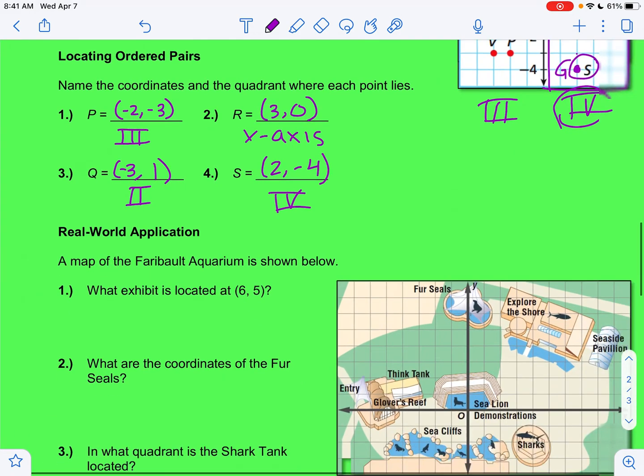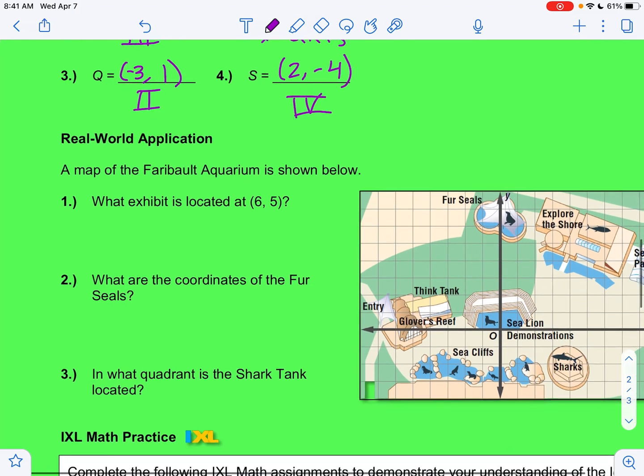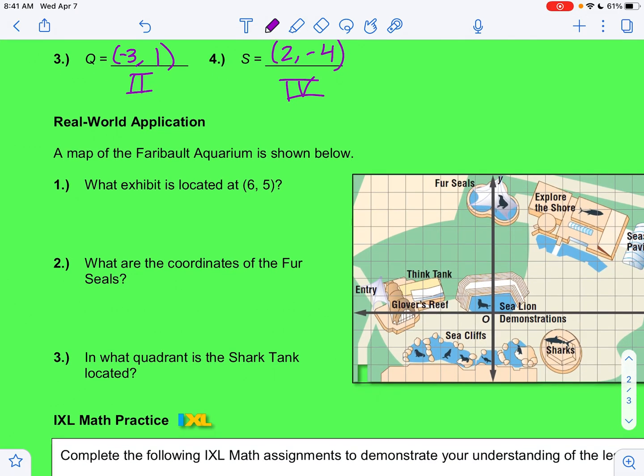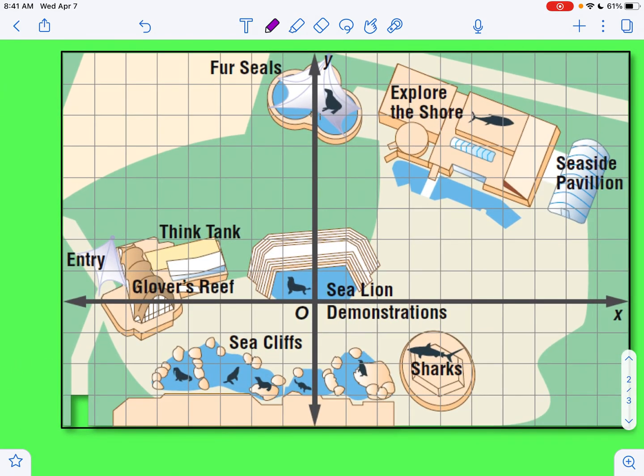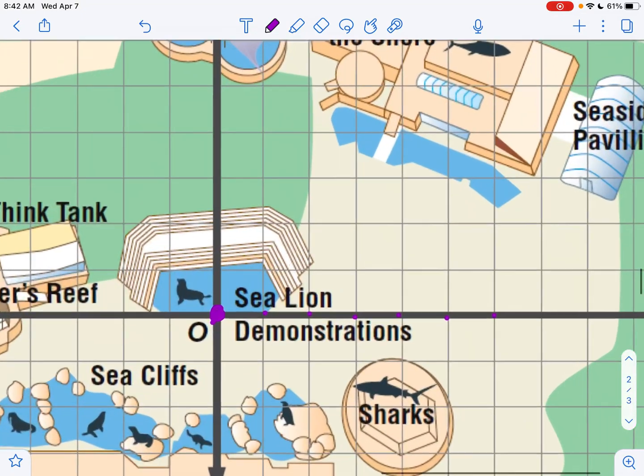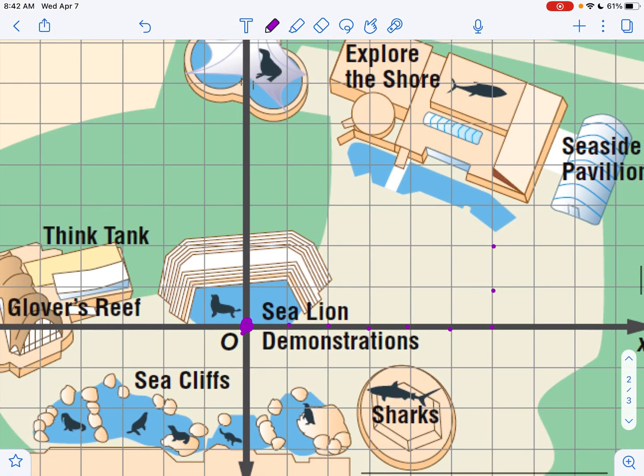Now we're going to take a look at our last word problem. It says a map of the Faribault Aquarium is shown below. What exhibit is located at 6, 5? So to figure that out, we need to plot that point. Remember, we start at 0, 0, and we are going to move to the right 6. 1, 2, 3, 4, 5, 6, and up 5. 1, 2, 3, 4, 5.